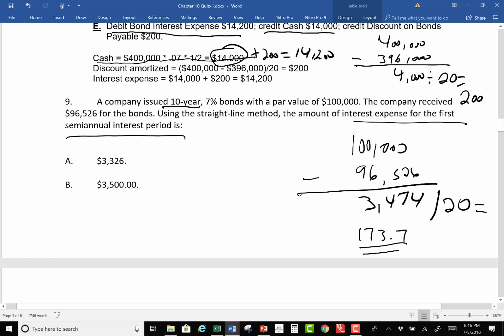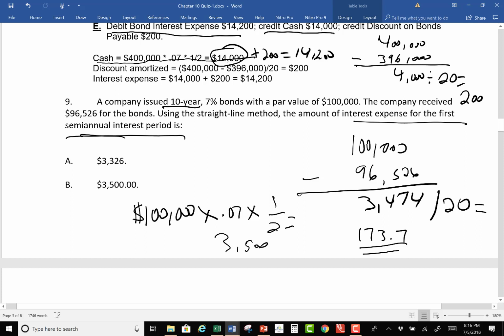That's going to add to my cash interest. So I got to figure out the cash interest. How do I do that? $100,000 face of the bond times 0.07 times, semi-annual bond, have to multiply that times 1/2. 3,500. Good.